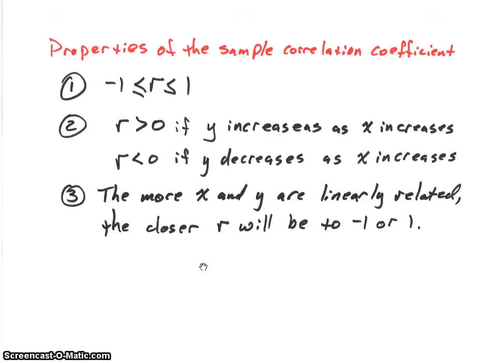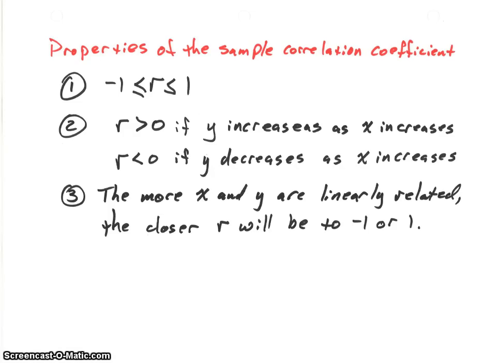The correlation coefficient has some interesting properties that are shown here. The first is that the sample correlation coefficient can only have values between -1 and 1, so it'll never be outside that range.